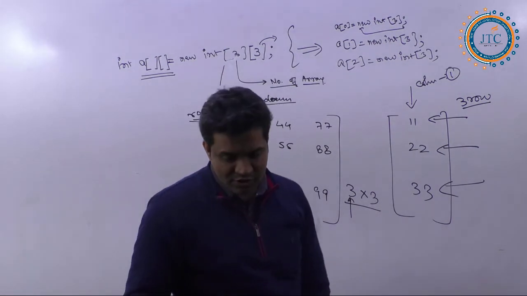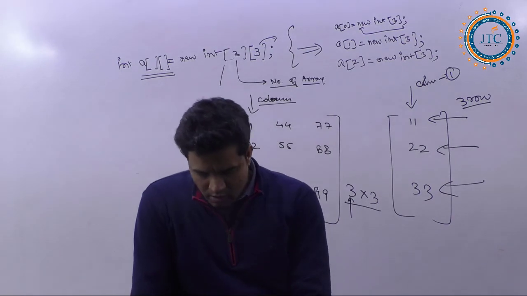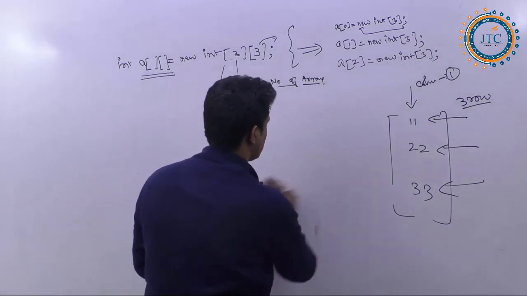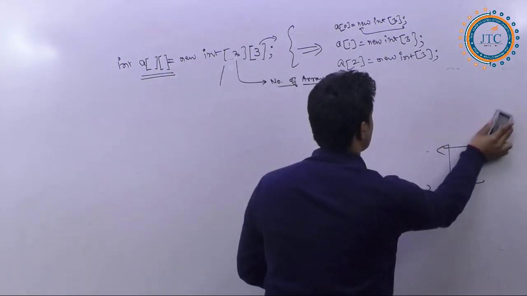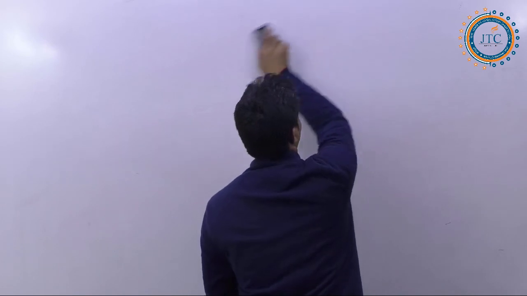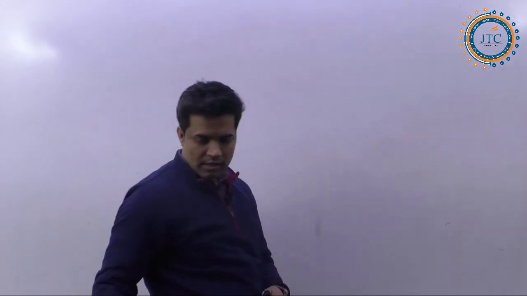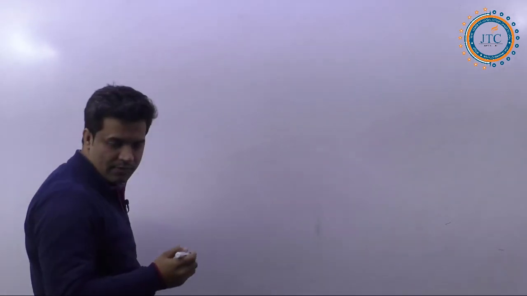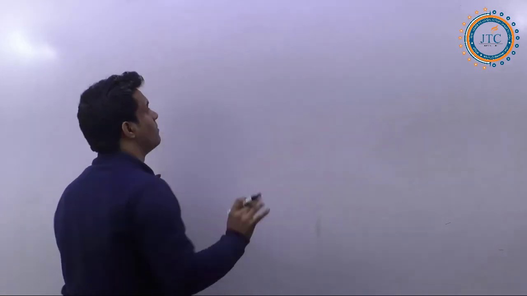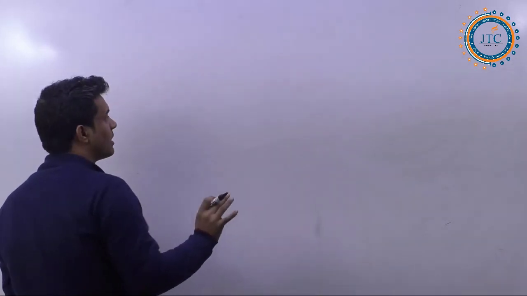Well, now I have one question. See here, if I am getting the representation of all these things in different ways, in different forms, we are just writing here something.